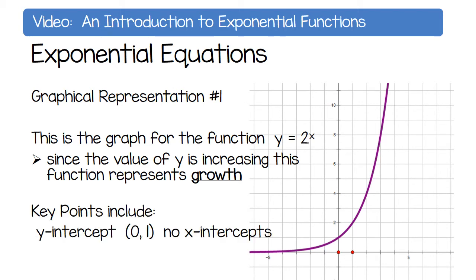Key points include the y-intercept at (0, 1), but it has no x-intercepts. Some key points we could use: point 1 at (1, 2), point 2 at (2, 4), point 3 at (3, 8). And we notice the y values are increasing.